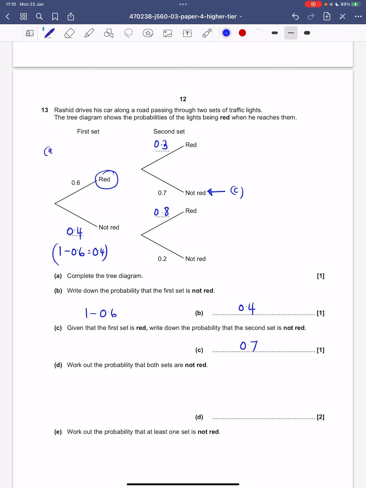Part A is on the diagram. Part B is that one there. And part C is there.